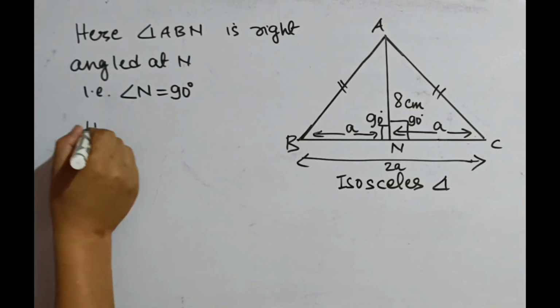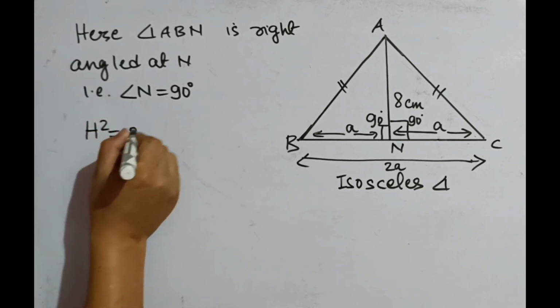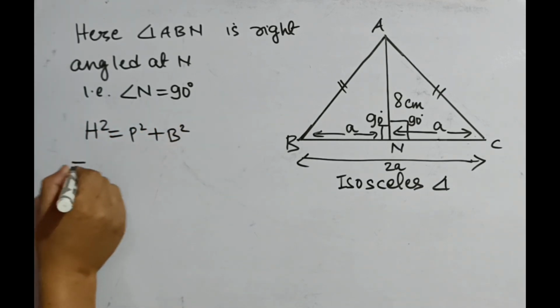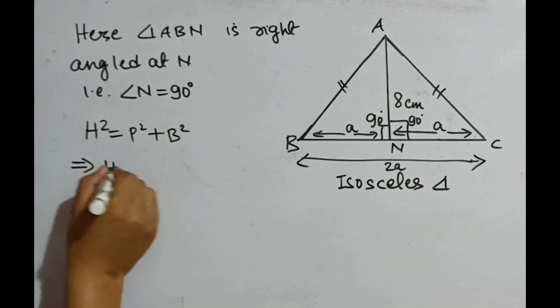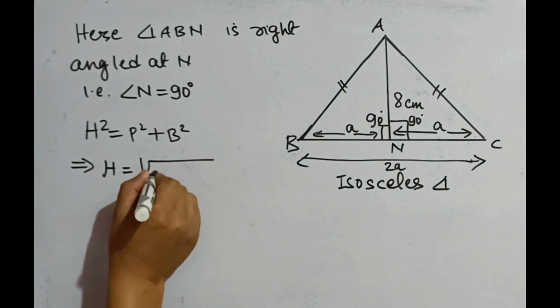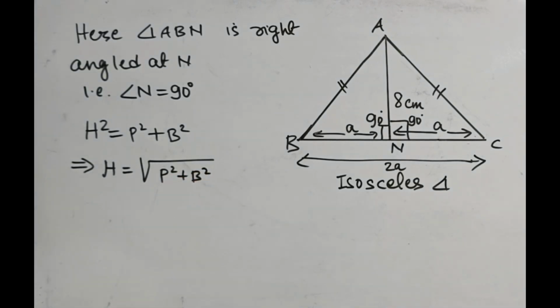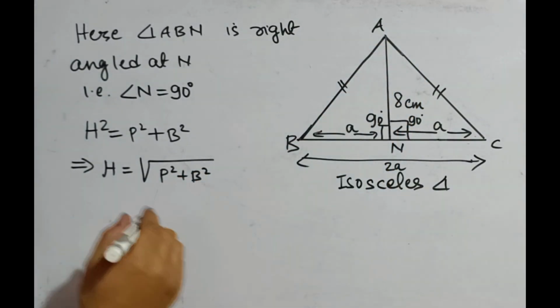Since it is a right angle triangle, it follows Pythagoras theorem. So in this triangle, h square is equal to p square plus b square. Here h is equal to under root of p square plus b square. And in the figure, hypotenuse is AB.